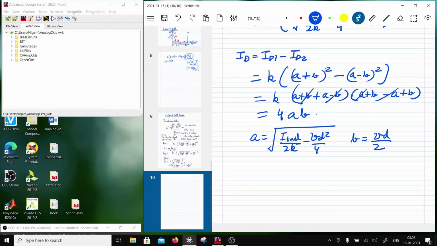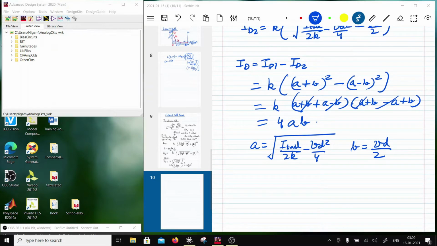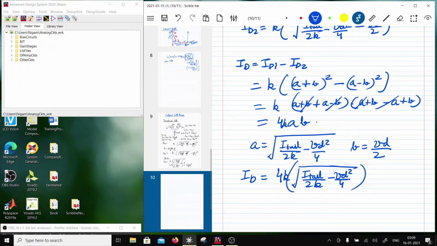So then the answer is going to be Id equal to 4 times of k times of root of I tail by twice of k minus Vd square by 4 times of Vd by 2.